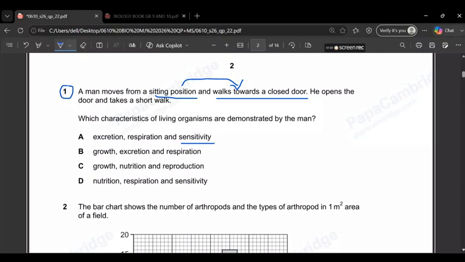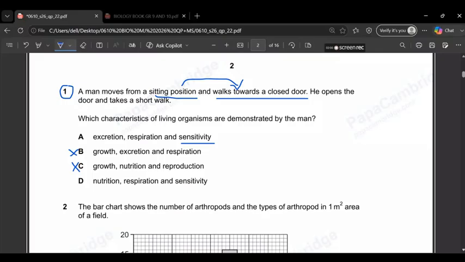Which characteristics of living organisms are demonstrated by the man? So if you look at the options A, B, C, and D, of course, he's not growing anything, is he? So it's not the growth.